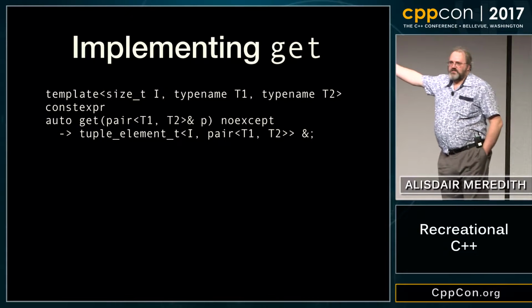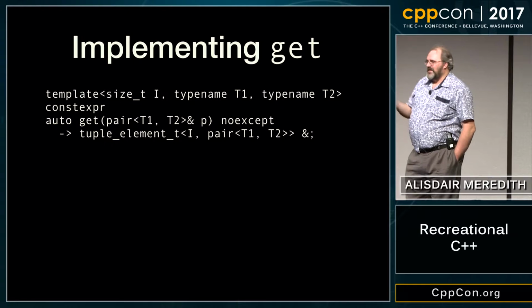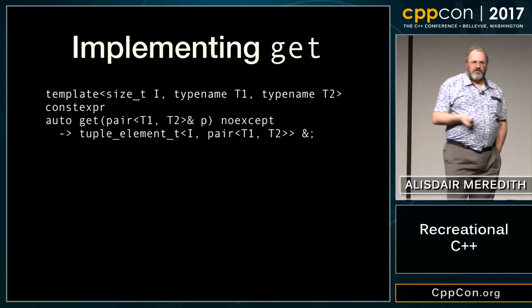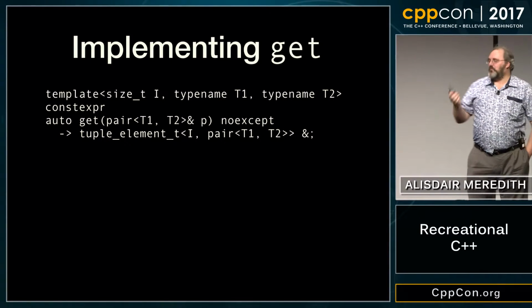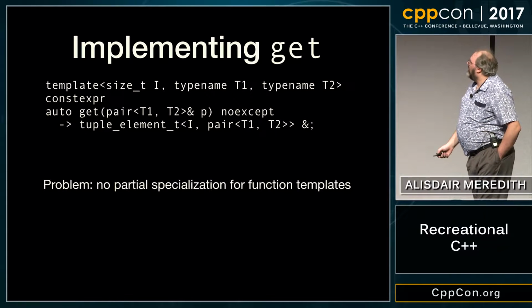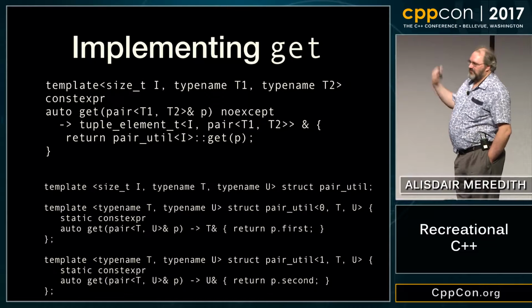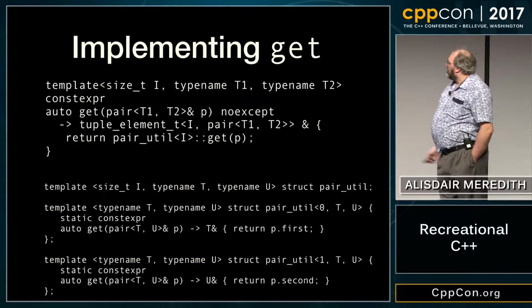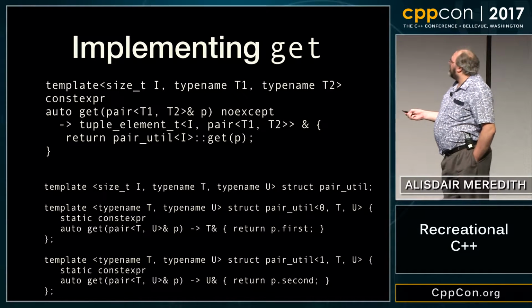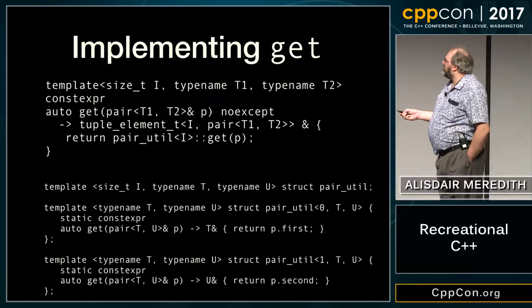Okay, so the obvious answer here is use partial specialization, with the obvious caveat that you can't specialize function templates. So we go back to wonderful C++98 era technology. We create a class template, in this case we're calling it pair_util.